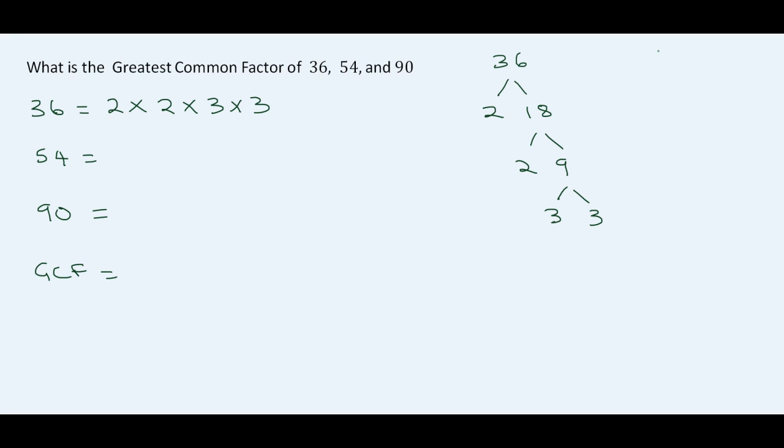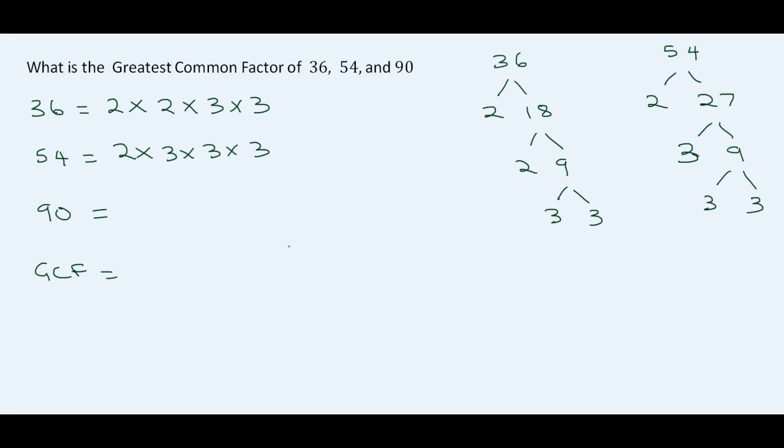And then 54 is 2 multiplied by 27, and then 27 is 3 multiplied by 9, and then 9 is 3 multiplied by 3. So we have 2 multiplied by 3 multiplied by 3 multiplied by 3.